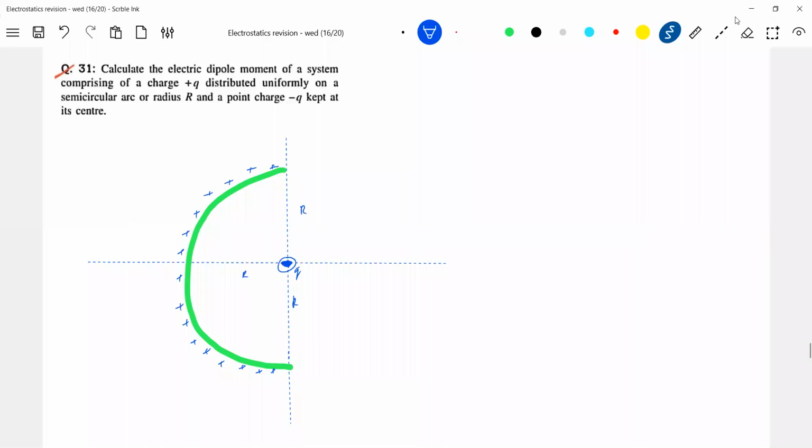Radius is r. So we'll assume a strip. Here one strip, here one strip. Let this angle be theta. Let this be dq. Here minus q is there.